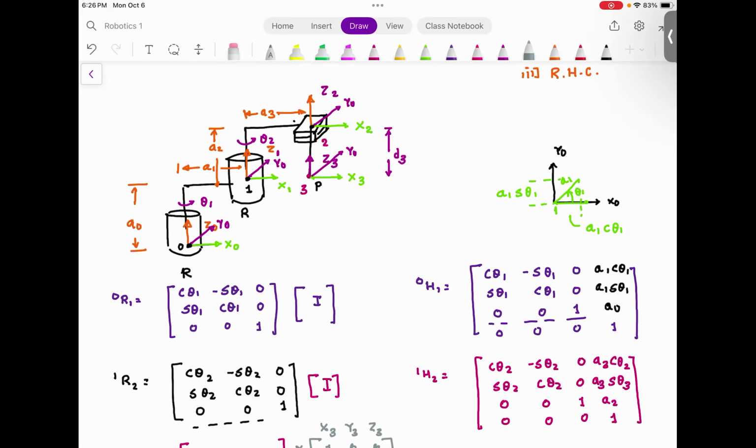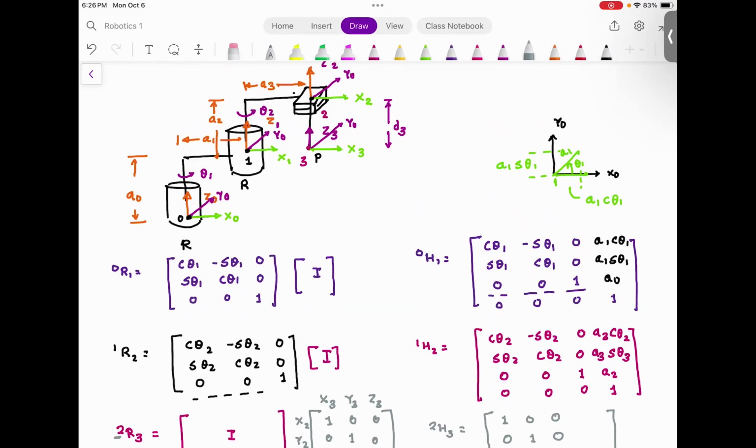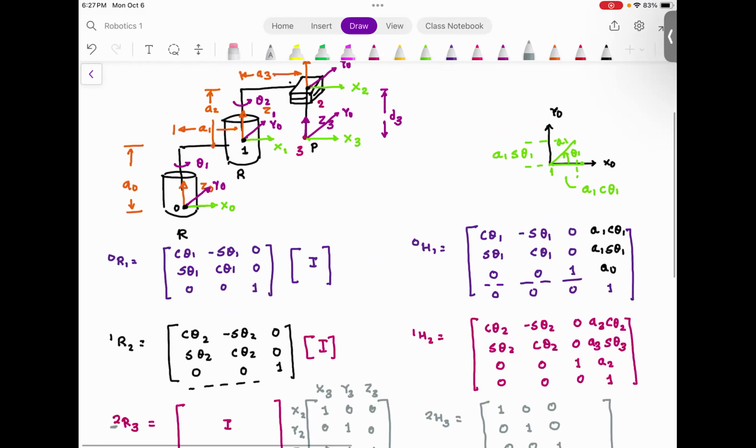Okay. All right. Now comes the homogeneous transformation 2H3, which is 0 0 1 0 0 1 0 0 0 1 0 0 0. We get 1 here. Now I have assumed the offset to be 0. So now if you look at x, can you see x are aligned?